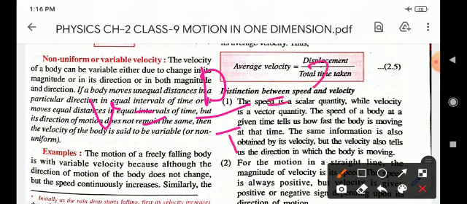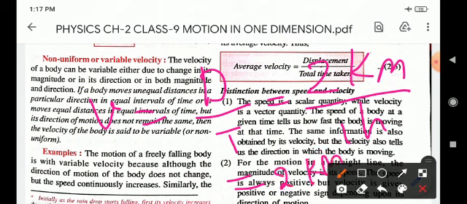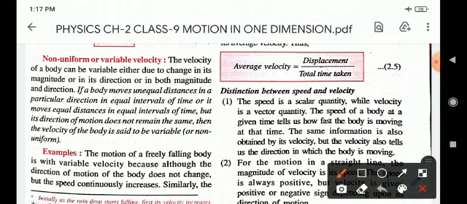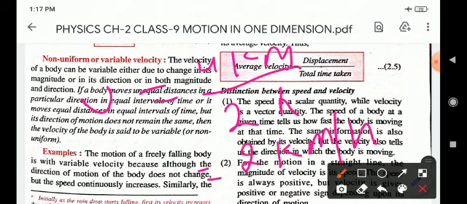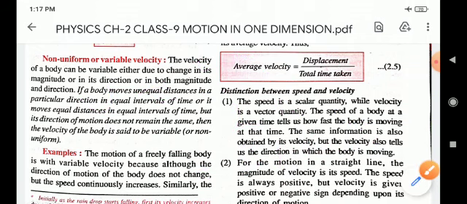If displacement is 2 kilometer and time is 1 hour, then velocity is 2 kilometer per hour. If displacement is 4 kilometer and time is 2 hour, that is 2 kilometer per hour. So it has non-uniform or variable velocity.